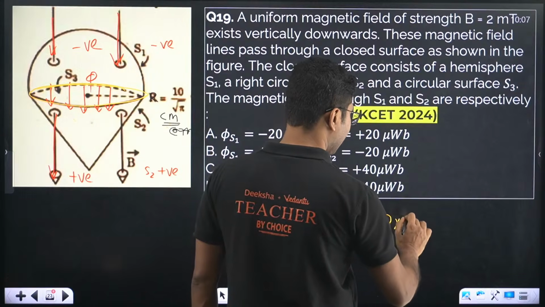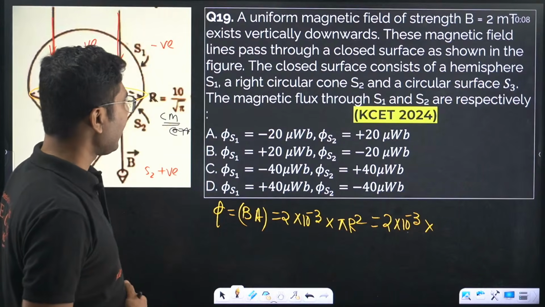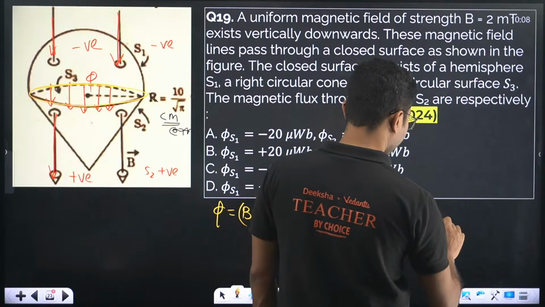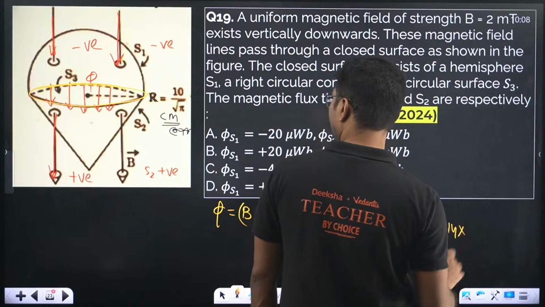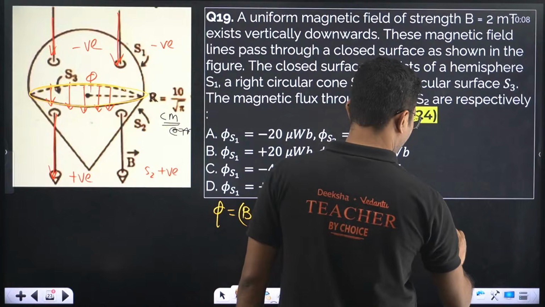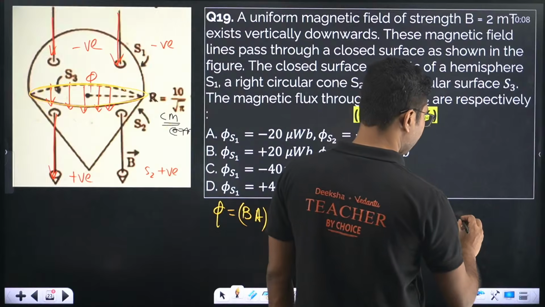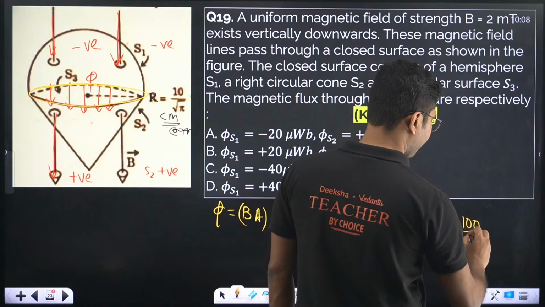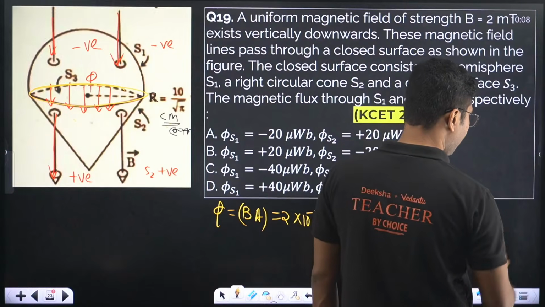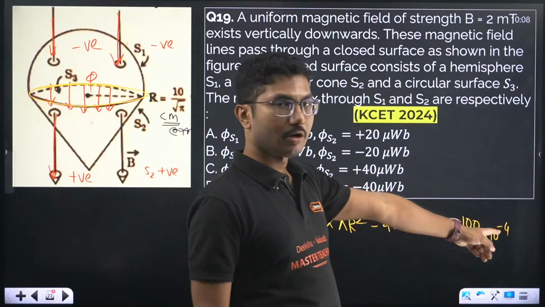Many students said, okay, I made a mistake, so maybe it was good for me. Now let's solve. 3.14 is not required, because eventually pi will cancel. So pi into r squared. r squared means 10 by root pi, whole squared, that is 100 by pi, and it is in centimeter. 1 centimeter is 10 to the power of minus 2, and because there is a square of r, it will be 10 to the power of minus 4.